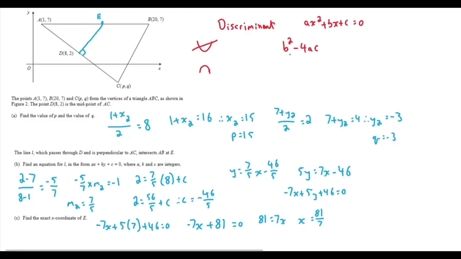If you plug the a, b, and c into here, if this discriminant was greater than 0, then there are two solutions, so these lines will intersect twice. If it equaled 0, then there would be one solution, and if it was less than 0, there are no real solutions, meaning the lines never touch.